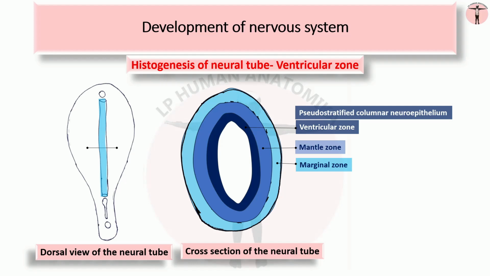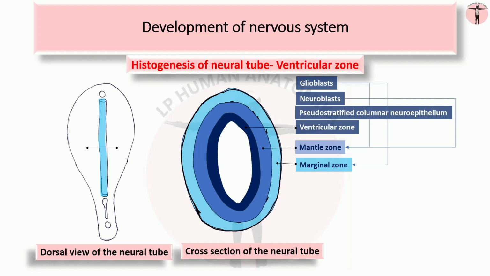A first wave of proliferation and differentiation of the neurectoderm gives rise to neuroblasts, which migrate into the intermediate zone. A second wave of proliferation and differentiation of the neuroectoderm gives rise to glioblasts, which migrate into the intermediate zone and the marginal zone.